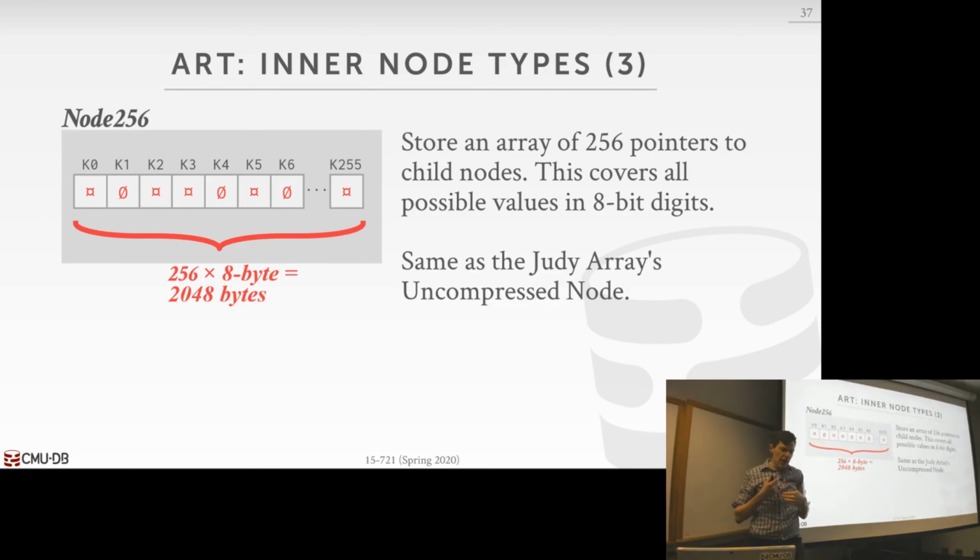And the idea is that as you're inserting things and modifying the index, the system keeps track of the capacity, or the number of elements you have per node. If you go above the max size of the node you're looking at, say node 48, and I insert a 49th digit, then I have to take a latch on that node and convert it over to this one here.